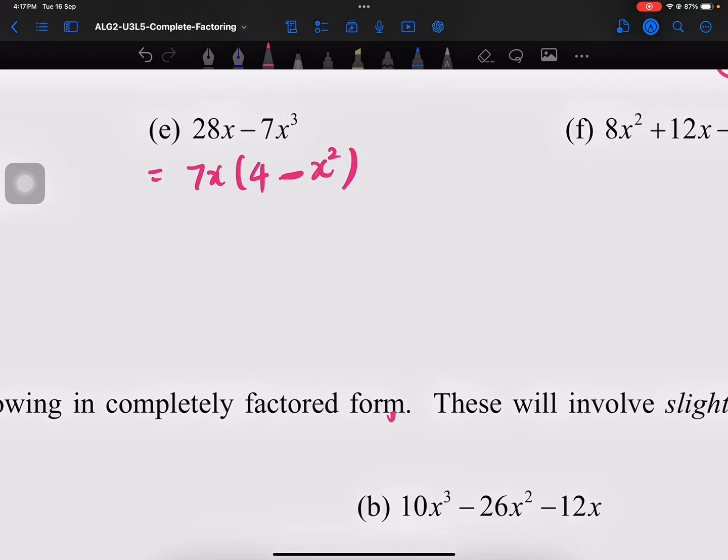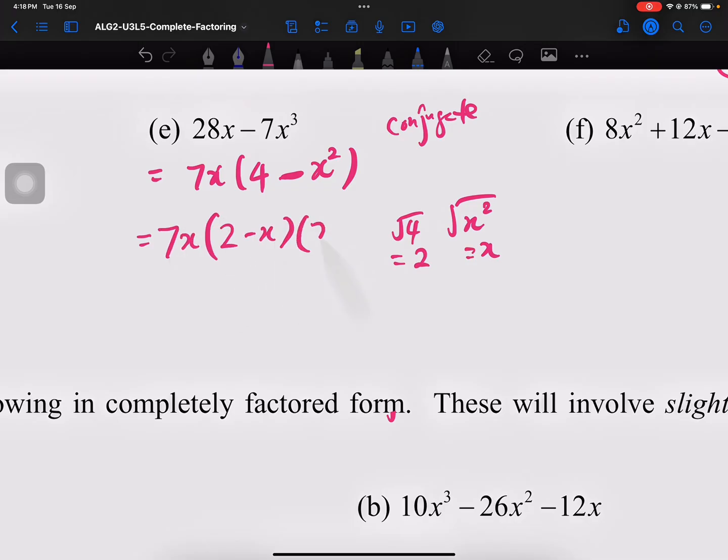This must be a conjugate. So we go backward. Square root of 4 is 2, and the square root of x squared is x. So it should be 7x, 2 minus x, 1 must be plus, 2 plus x. Okay, this is the final answer.